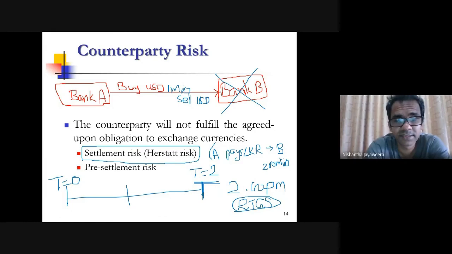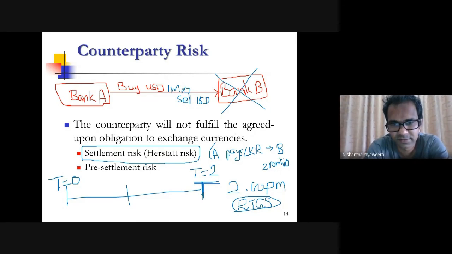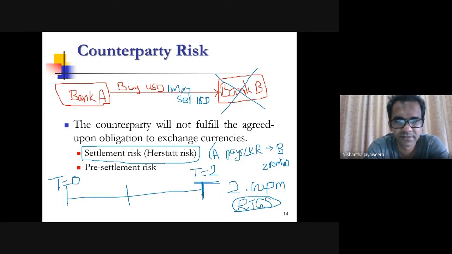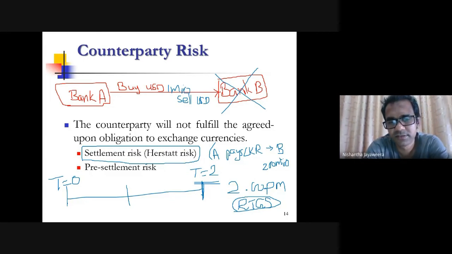No, it's part of settlement risk, because on the settlement date you don't get the funds. The transaction would not settle as you wish. That's why the settlement risk is part of the credit risk.